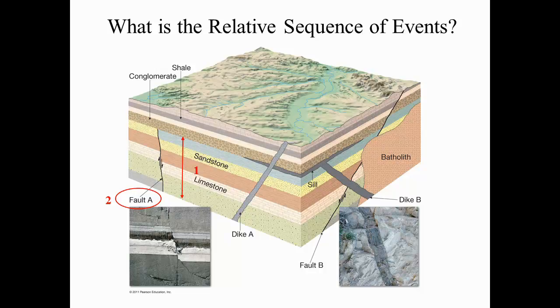Now, following fault A, what's the next event to occur? That's followed by the deposition of the conglomerate and the shale and the other rock units.